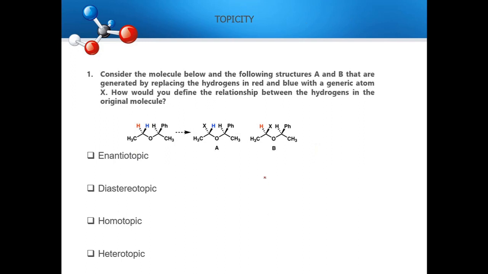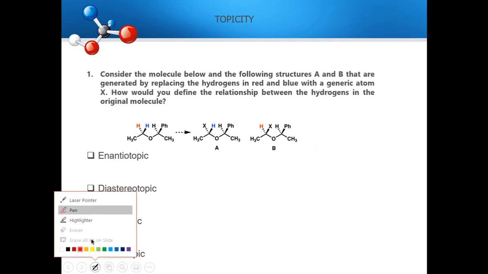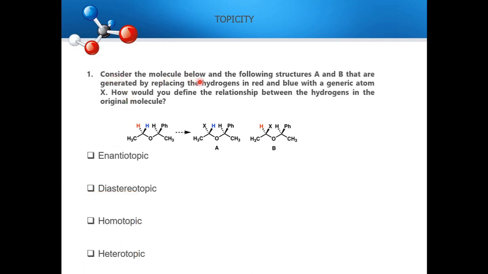Let us take this first problem. Consider the molecule below and the following structures A and B that are generated by replacing the hydrogens in red and blue with a generic atom X. How would you define the relationship between the hydrogens in the original molecule?